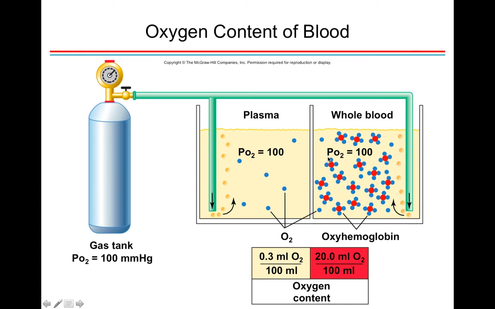Because when we measure the oxygen pressure, it only takes into account the freely floating oxygen that is dissolved in water, which is the plasma, and it doesn't measure the amount of oxygen attached to hemoglobin inside of red blood cells. So when we talk about the pressure of oxygen, that's looking at the oxygen dissolved in plasma or the water of blood, and it doesn't measure the oxygen that is carried by hemoglobin.